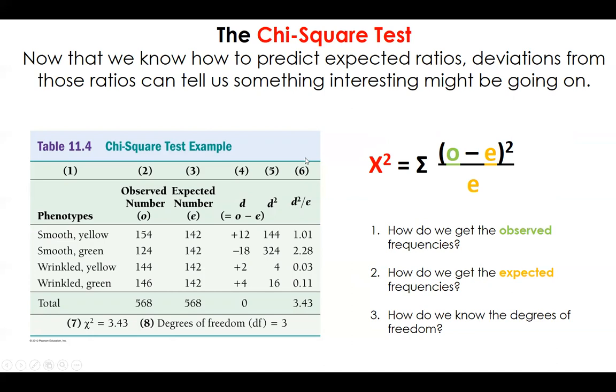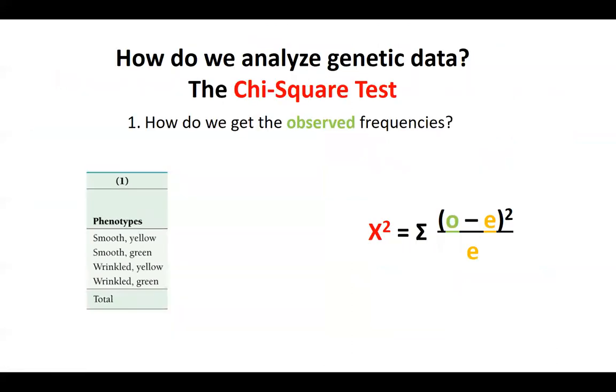Okay. First, let's think about how we get each of these frequencies. We're working with a similar cross. This is going to be smooth yellow, smooth green, wrinkled yellow, wrinkled green. And I think it's important to note here what this cross actually is. I don't always love the way your book sets this up, because they don't always tell you what the crosses are right out in front, but it's always important to know what your cross was.